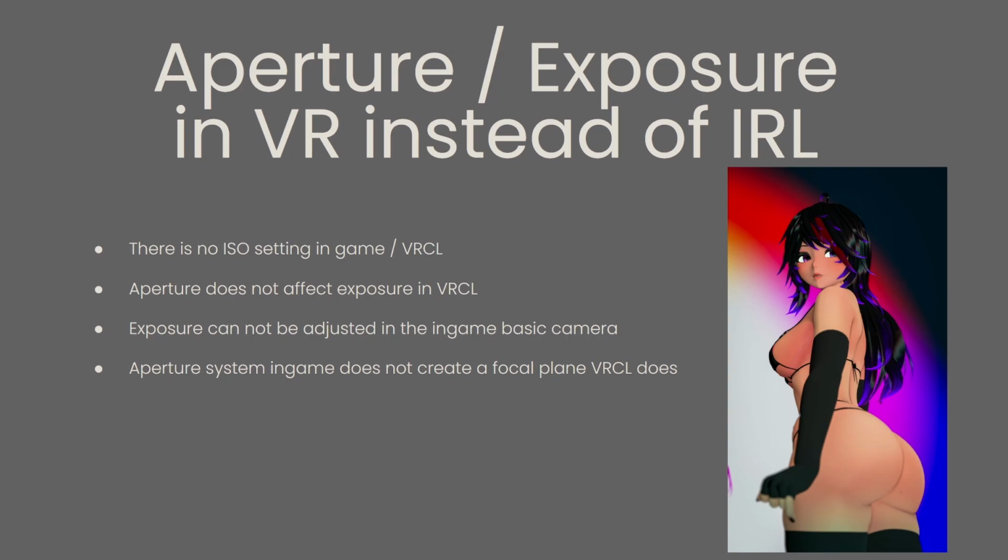This can cause issues when you're, say, shooting in a school setting where you're sitting at a desk and the subject's hand is over a notebook. Sometimes with the in-game camera, part of that notebook will also be sharp because it's touching the subject. With VRC Lens, when you're changing your focal length, you're changing your f-stop, you actually make a physical strip of what is in focus and what's blurred behind it and in front of it.